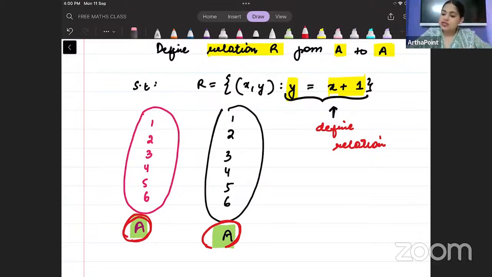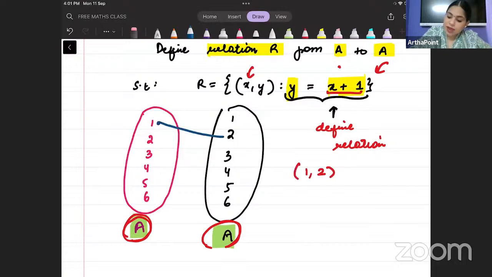That is where this helps me. It tells me that if x is 1, y will be x plus 1, that means y will be 2. So 1 will be mapped to 2. Similarly, if x is 2, then y will be 2 plus 1, which is 3. So 2 will be mapped to 3.